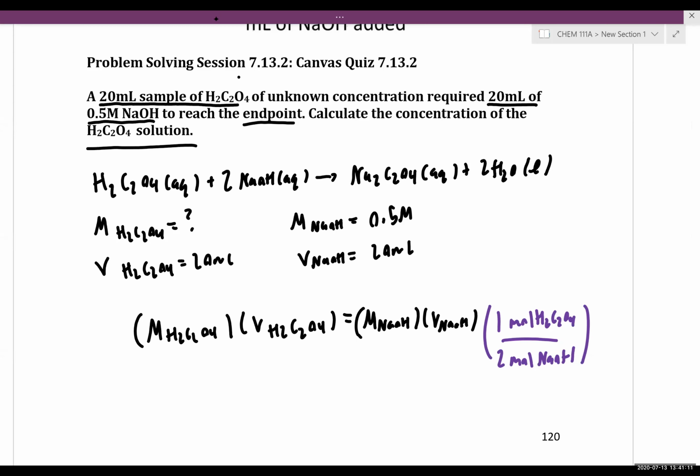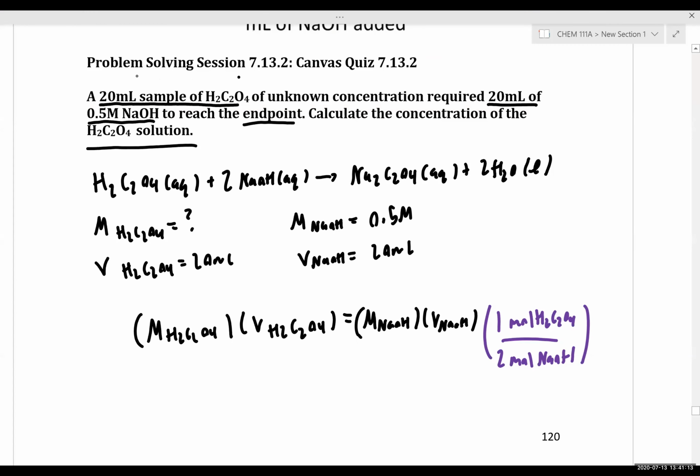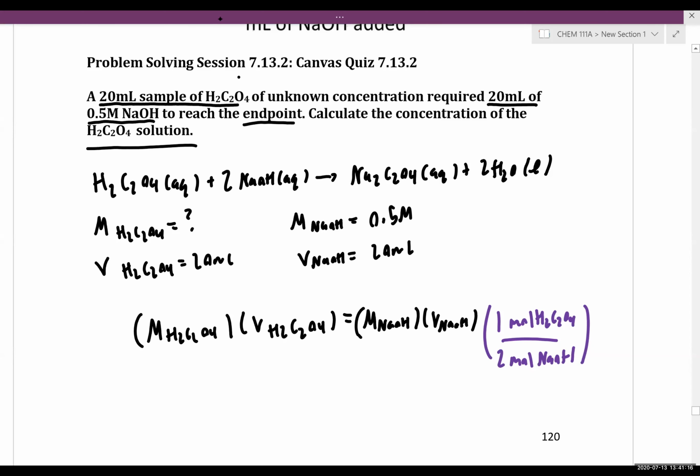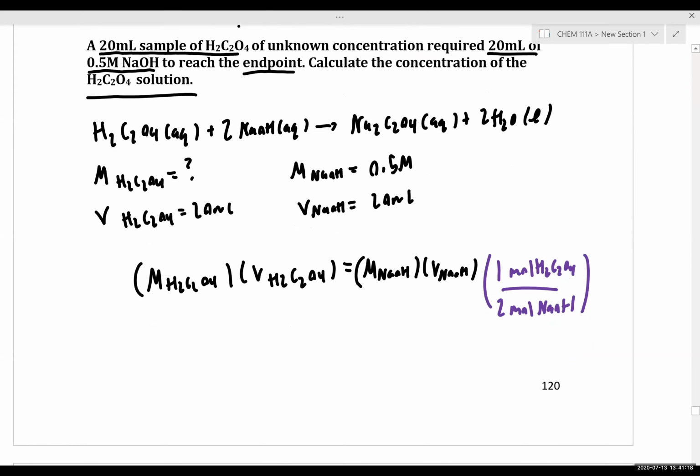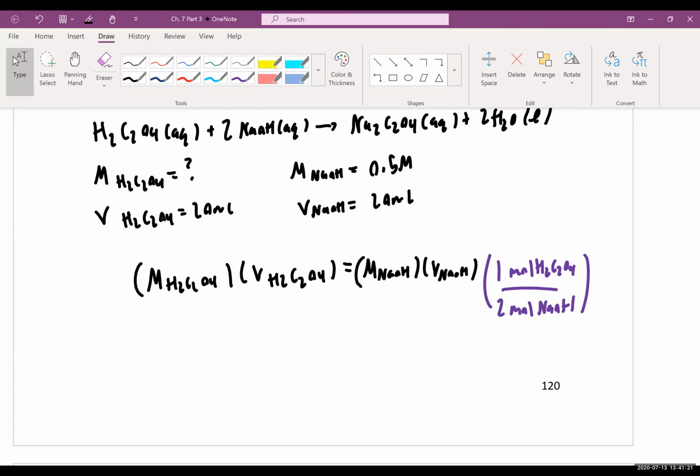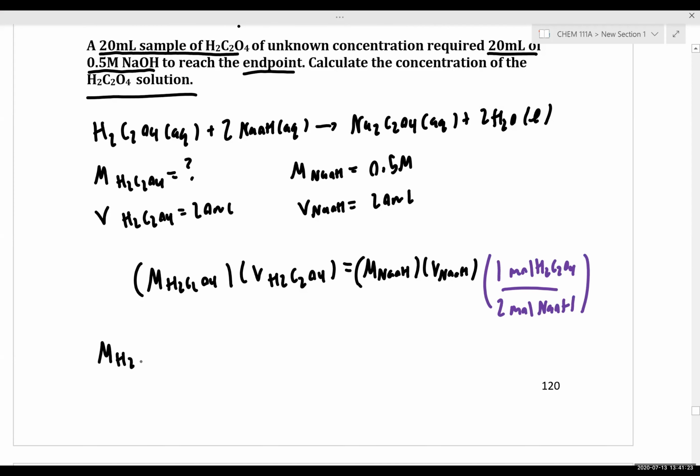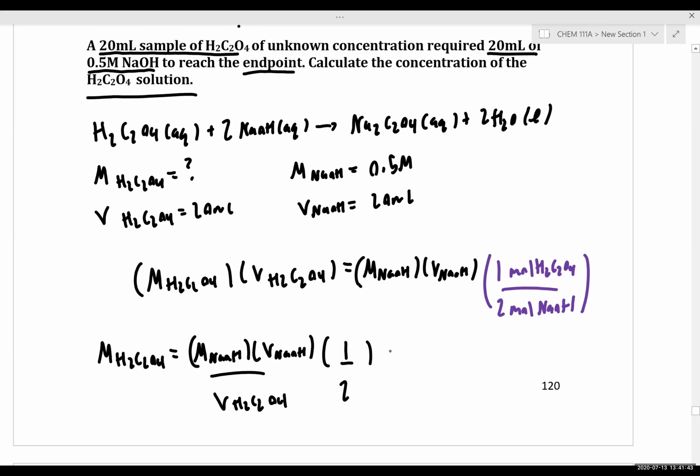Once we have our mole to mole ratio established, we're now just going to solve for the concentration of oxalic acid. The concentration of oxalic acid is equal to the molarity of sodium hydroxide times the volume of sodium hydroxide over the volume of oxalic acid, times 1/2. If you forget the stoichiometric coefficient, your answer will be off substantially.